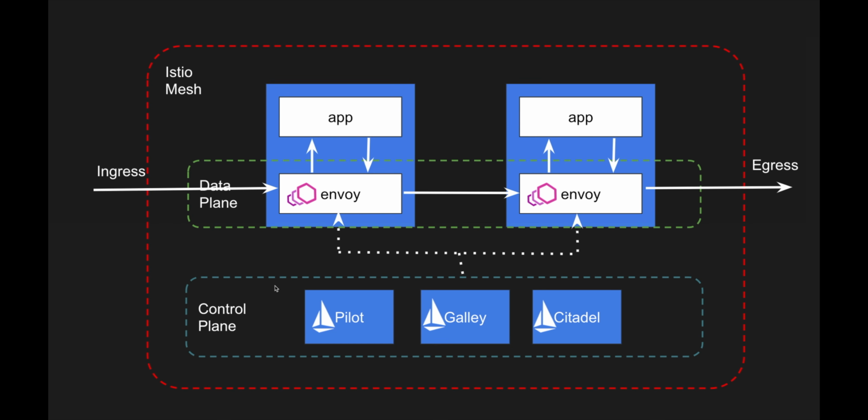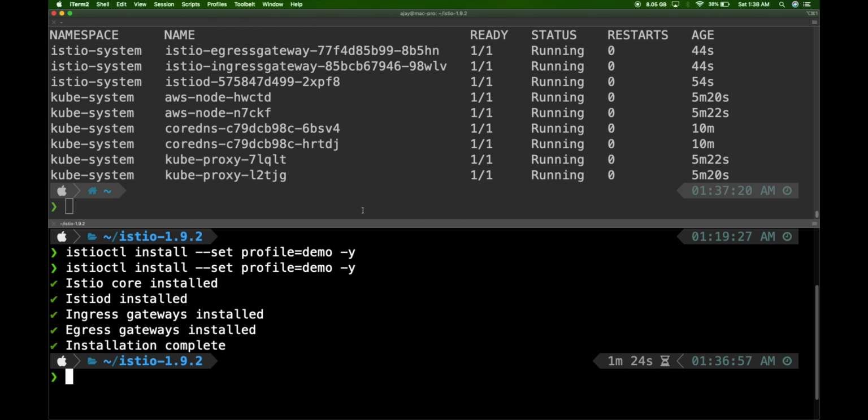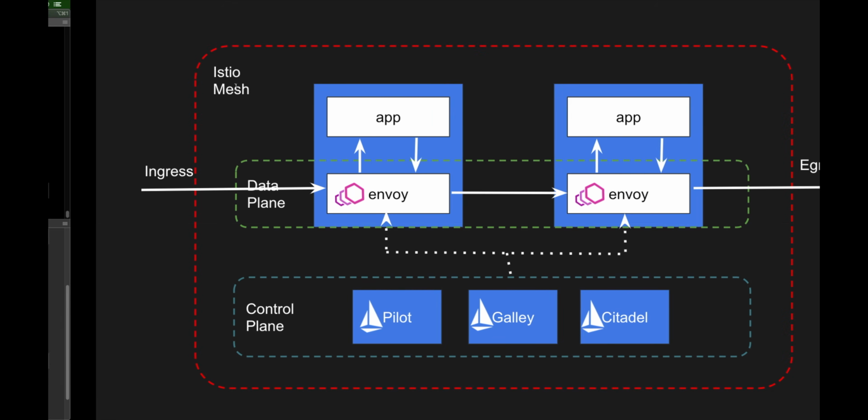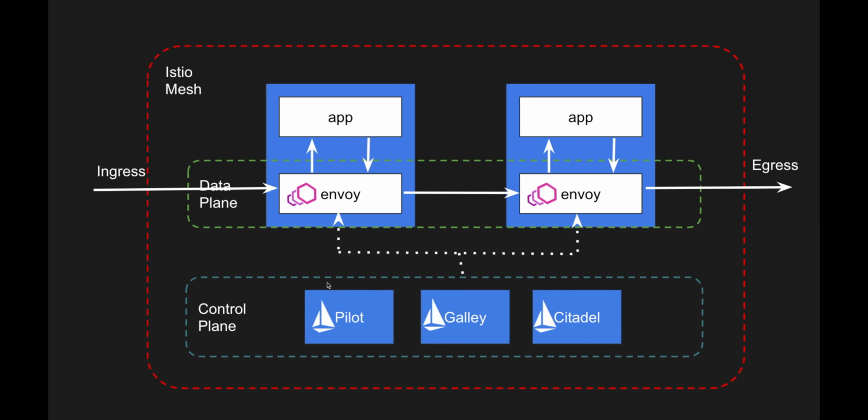And the control plane is where we will be storing the configuration. So this is Istiod, right? This is the monolithic application which Istio uses. Earlier Istio used a microservices deployment, but then they merged Pilot, Galley, and Citadel into one, which is Istiod. So this is the whole control plane versus data plane.